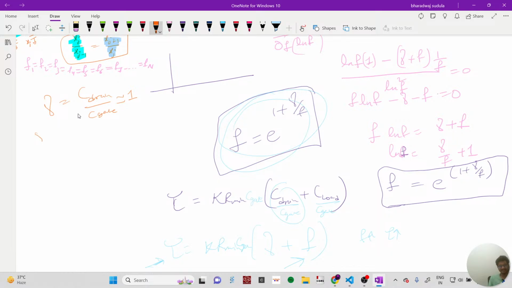Let's say drain cap is 0, gamma is 0, and if I put that in the f expression, I'll get e, which is 2.71 something. So for gamma value at 0, it starts from 2.7.